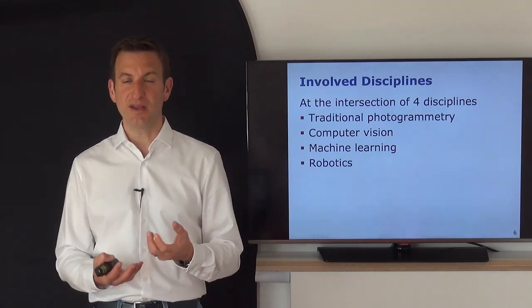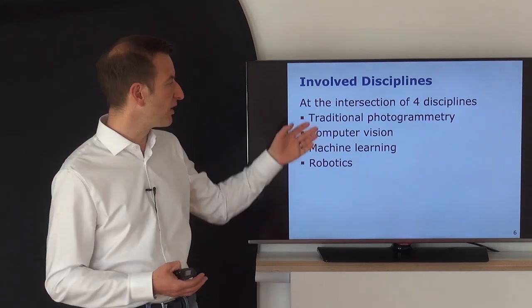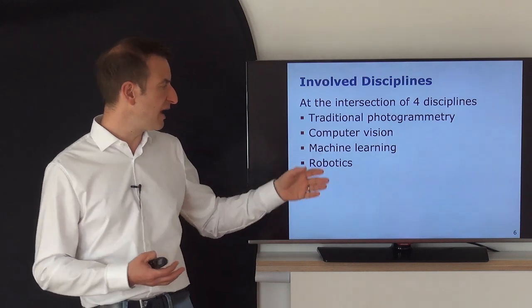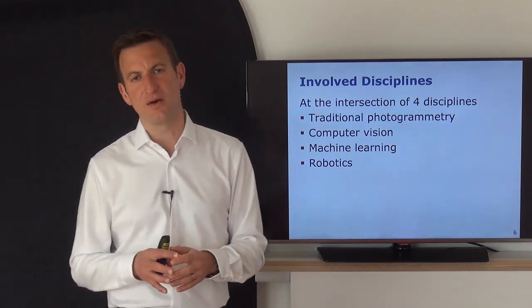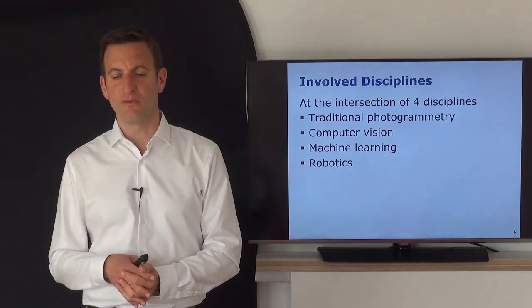And so we are here in this group among those 4 disciplines, doing work in photogrammetry, doing work related to computer vision, using machine learning techniques, solving robotics problems. That's something where we are sitting somewhere between those 4 disciplines.